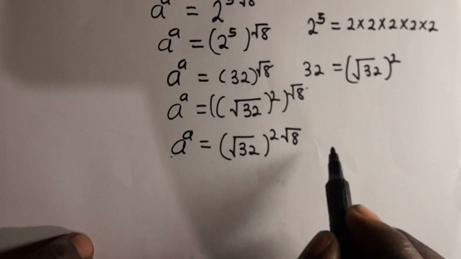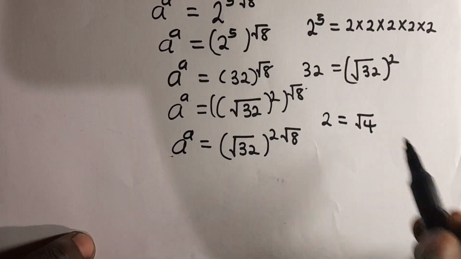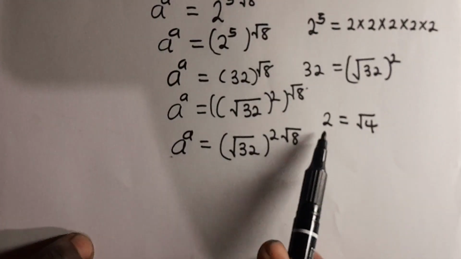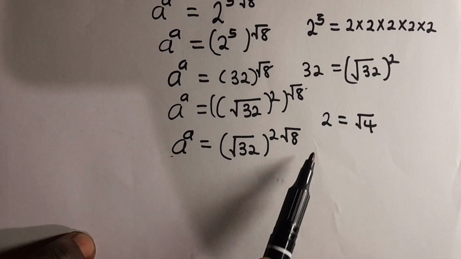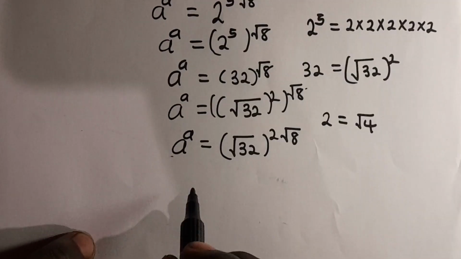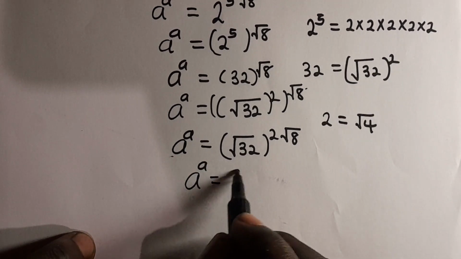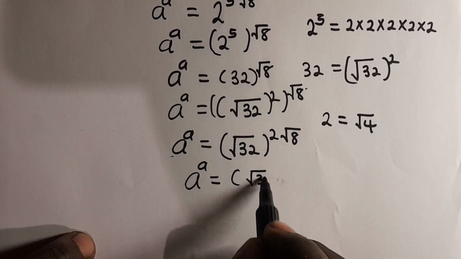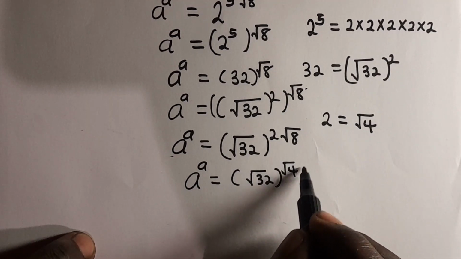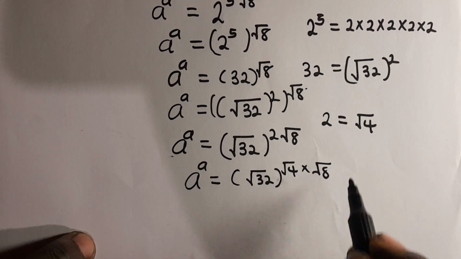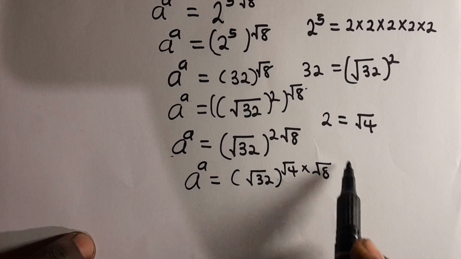And mind you that we can also have 2 to be equals square root of 4. Now, by substituting this one here, we are going to have a raised to power a equals square root of 32 raised to power square root of 4, then multiplied by square root of 8. But look at this expression very well.